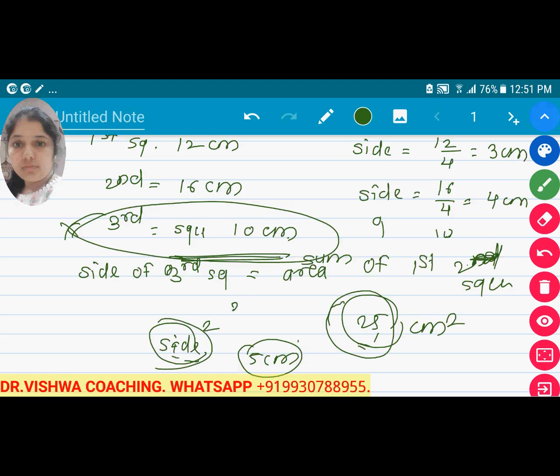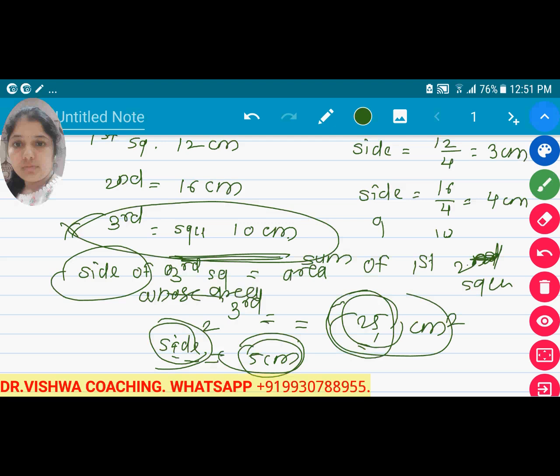Now we know the area of the third square, so we can find the side as 5 centimeter by taking the square root of the area. Now here we have to find the side of the third square whose area is equal to the area of the first and second squares.